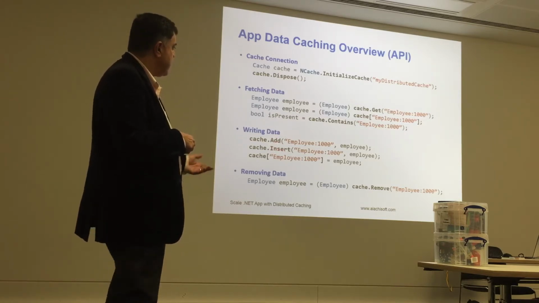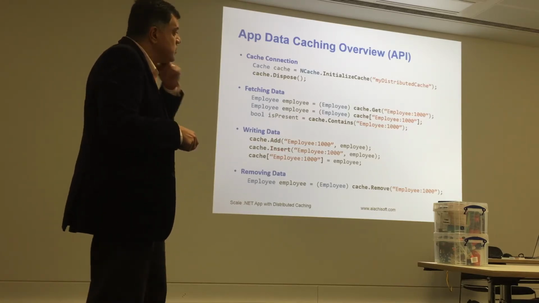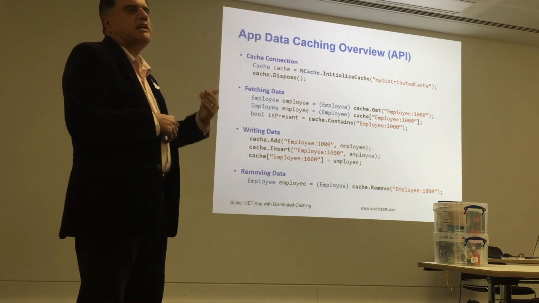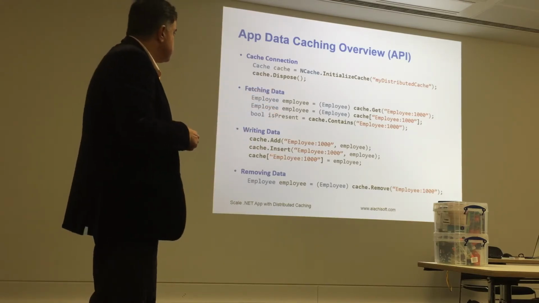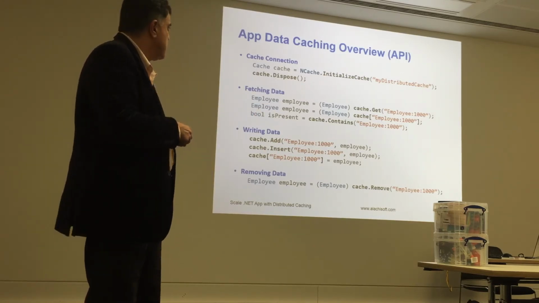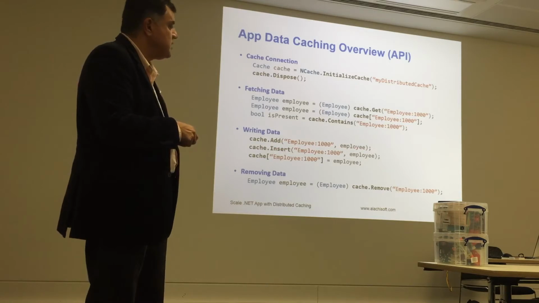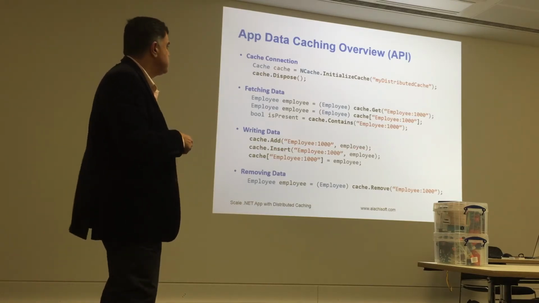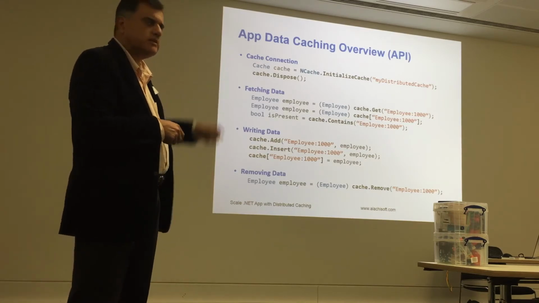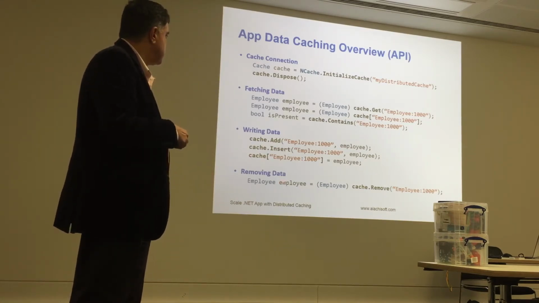Insert will either add or update. So if the item already exists, it updates it. If not, it'll add it. So you use insert if you always want to either add or update. If you want to get an exception back if the item already exists, you do the add. Again, this is the same as the ASP.NET Cache object. Then of course the remove.